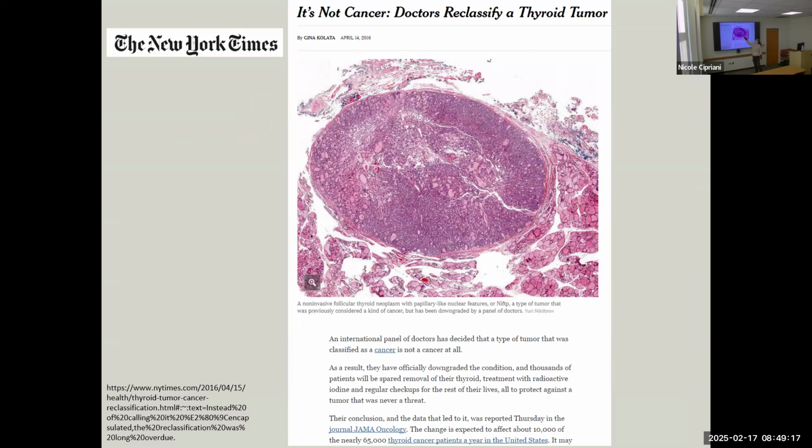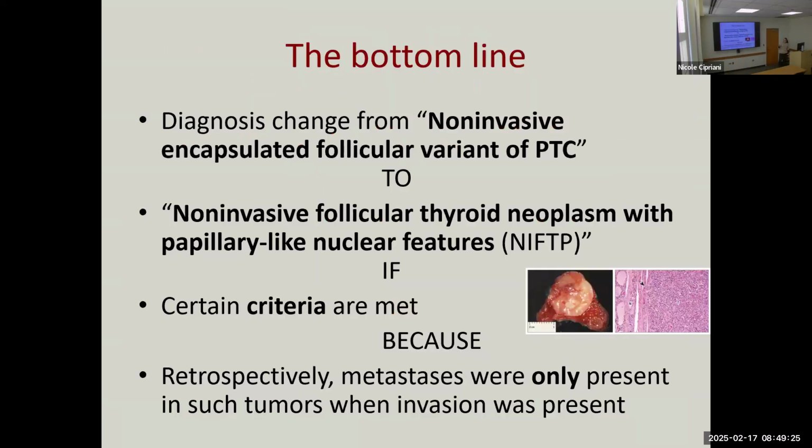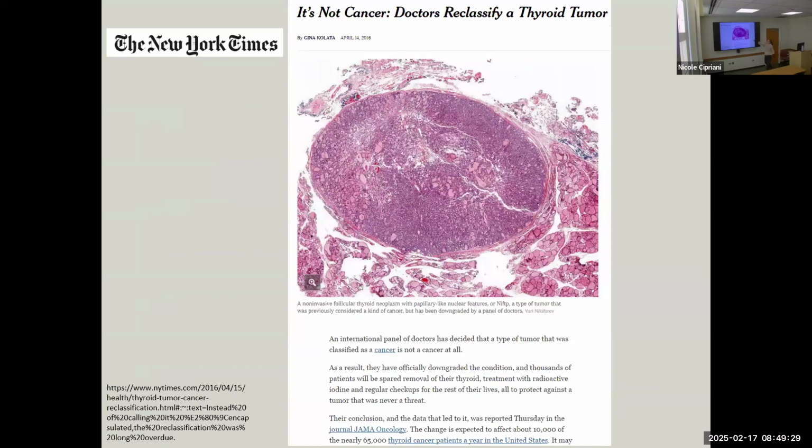That is a microfollicular adenomatous nodule. In what world is this PTC? It was PTC because it had PTC nuclei. So in all of our brilliance as pathologists, we de-emphasized the overall architecture in favor of an overemphasis on the nuclear features.